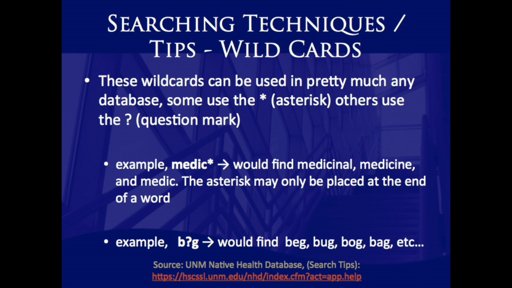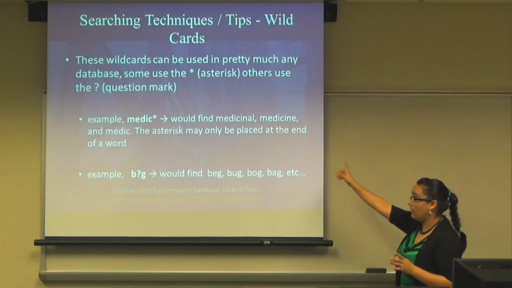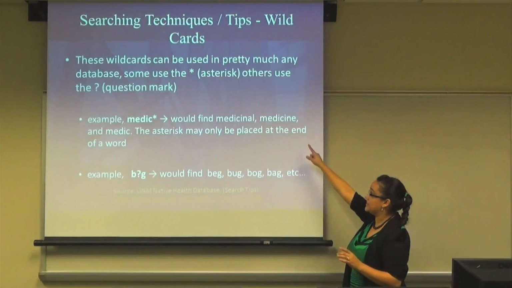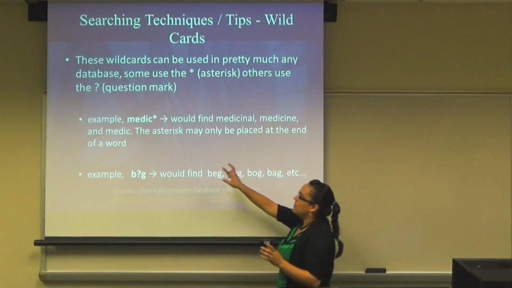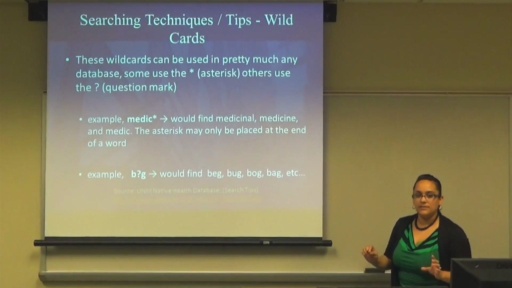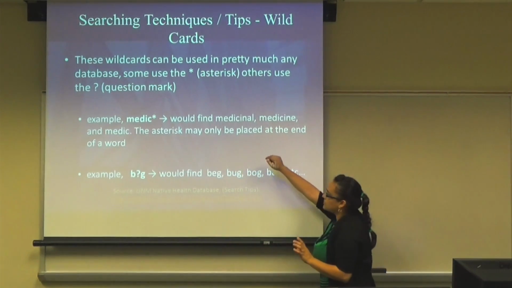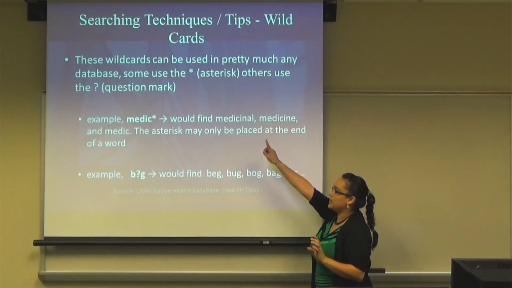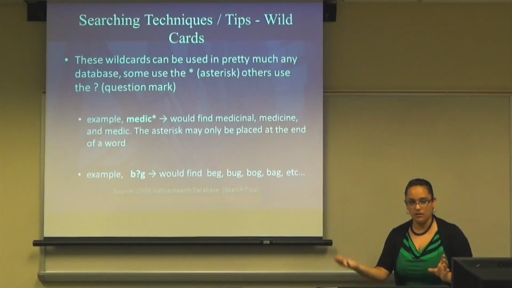You've identified a subject, for example, liver disease, but you want something in relation to medical or medicinal or medicine. So you can do medic, asterisk, and it's going to search for words that start with medic: medicinal, medicine, medical.